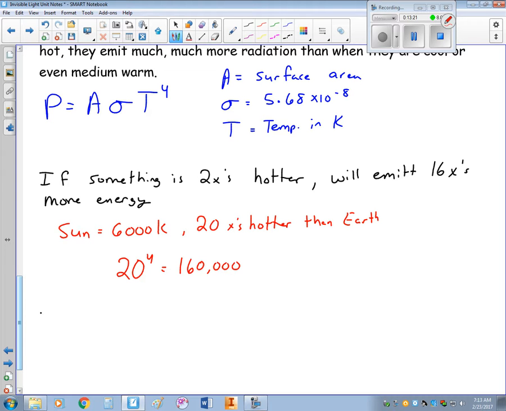So in other words, the sun is 160,000 times more powerful than the Earth. Which is one reason why it glows so bright.